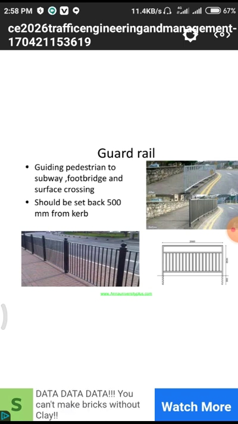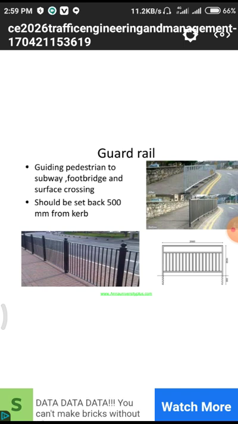That means the curb is the end portion of the road, so above the curb we have to use up to 500 mm, simply 50 centimeters, about 2 feet height of guardrails for diverting pedestrians and normal traffic.